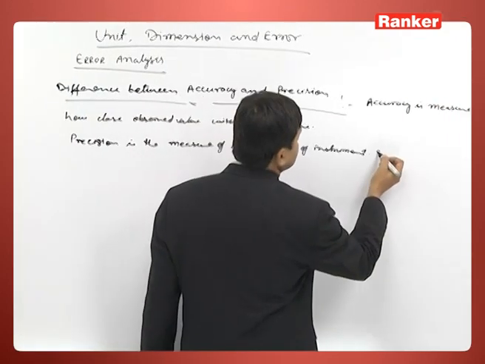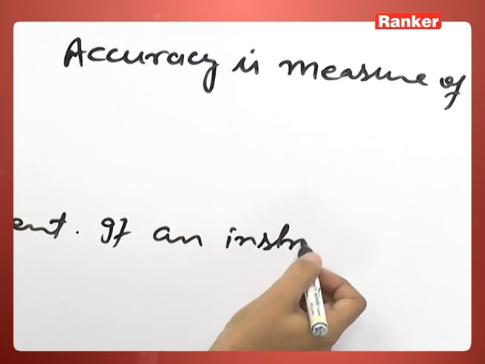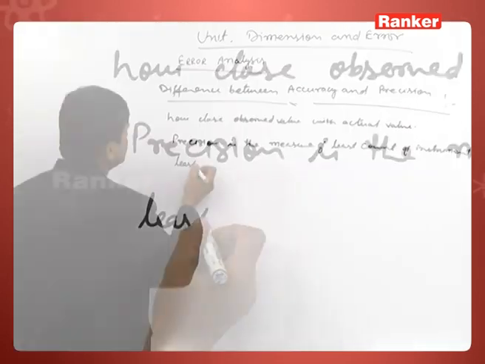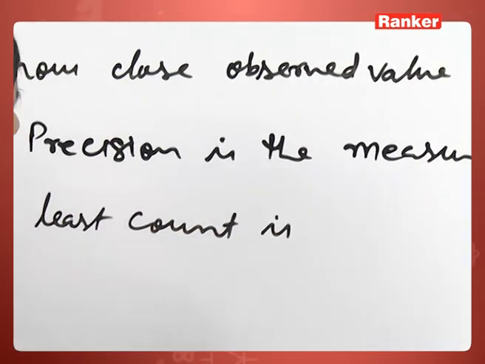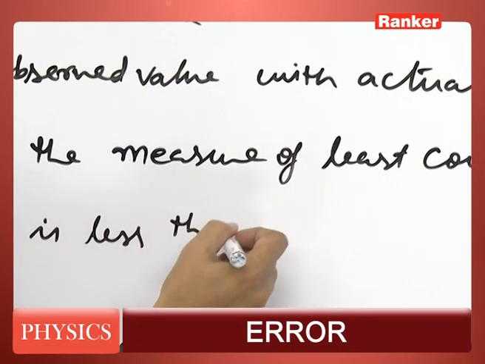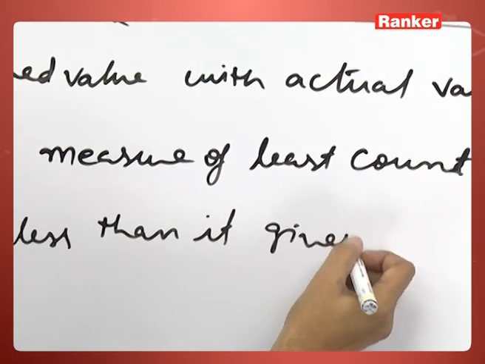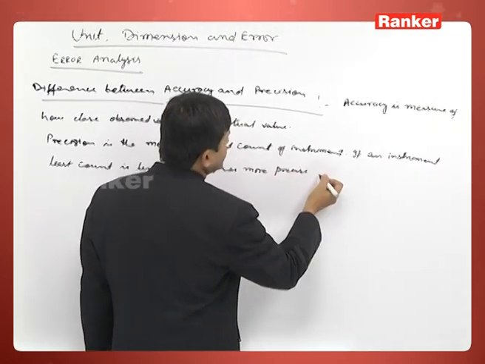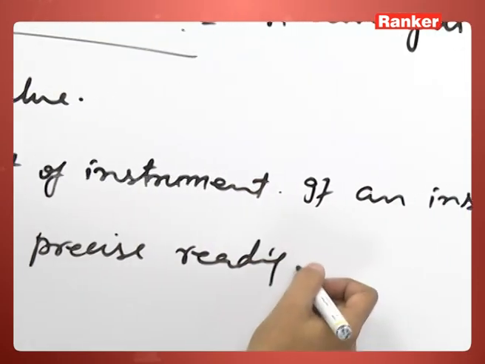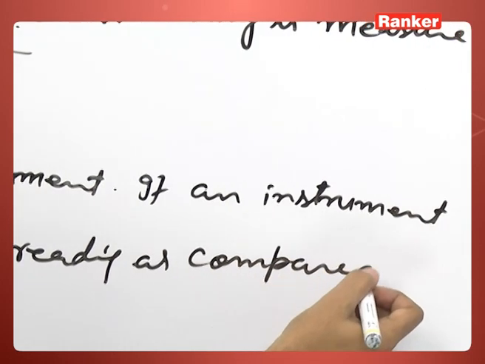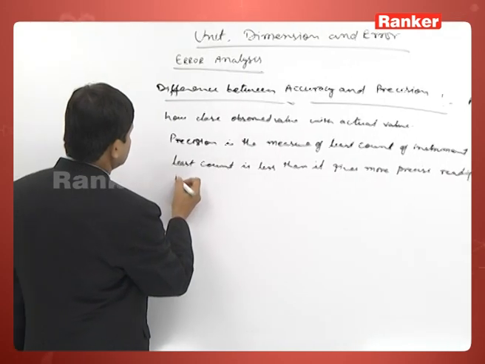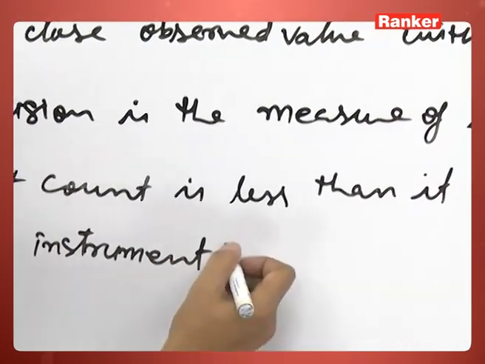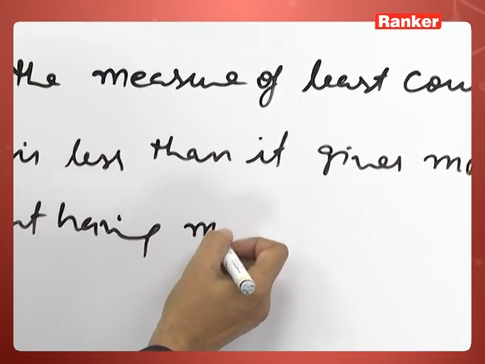If an instrument's least count is less, then it gives a more precise value, more precise reading, as compared to an instrument having more least count.